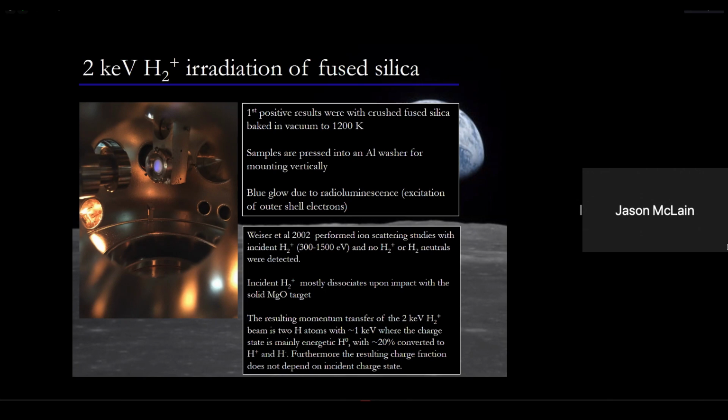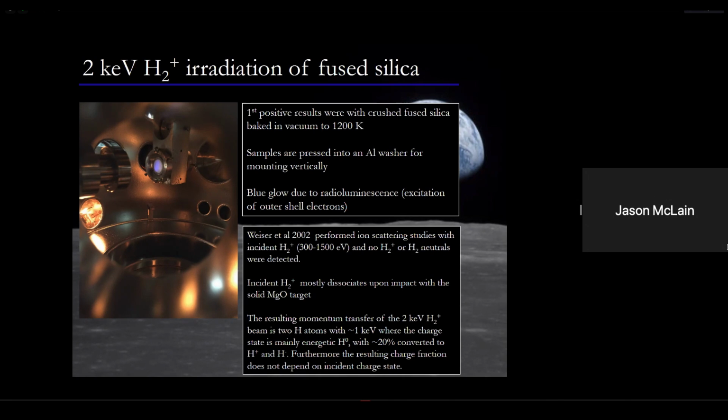And one interesting thing about this is that the resulting momentum transfer is essentially a beam of two solar wind type protons. And mainly the charge fraction is neutral hydrogen, and about 20% is converted to H+ and H-.